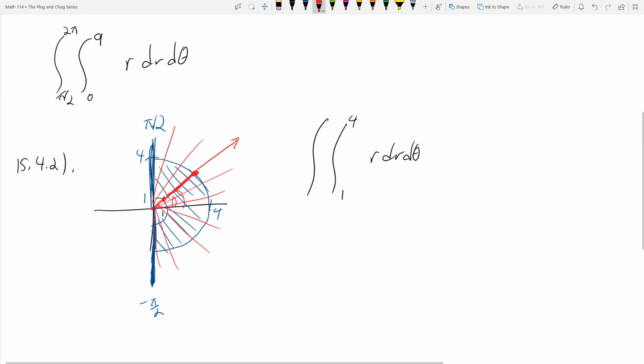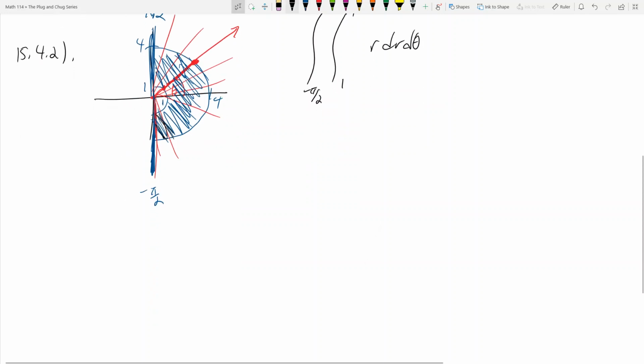So our region for theta is going to go from negative pi over 2 to pi over 2. You start at the negative y-axis, and then we shade it all the way up to the positive y-axis, okay?